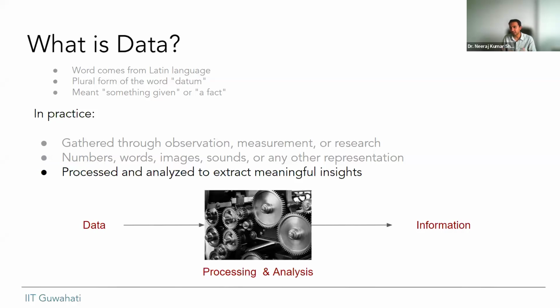Or you can do research, where you try to understand some scientific phenomenon by understanding the data you have collected from some experiments. So this chain of data being pumped through some processing and analysis engine, and the information coming out, is largely what is data science. And artificial intelligence goes beyond this.